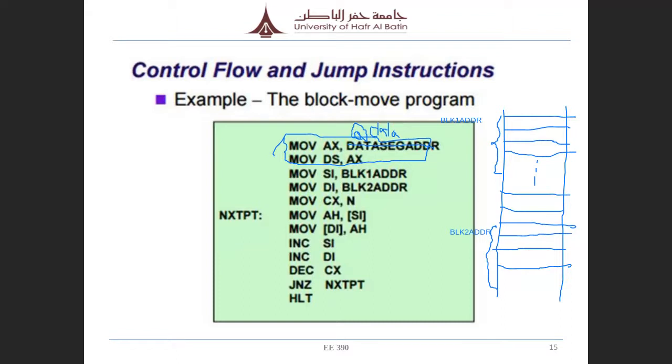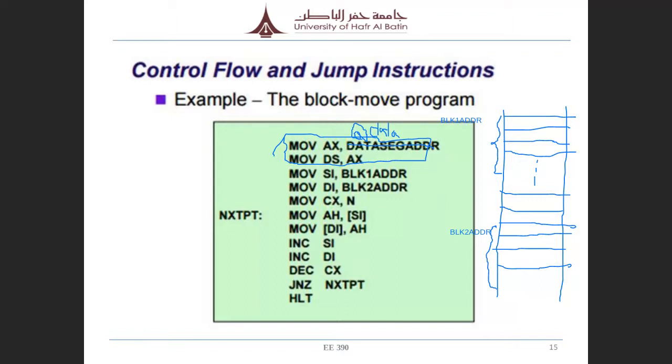And where we will move it, the other variable name is BLK2ADDR. It may be X, it may be Y, it doesn't matter. Then how many data do we have? For example, N data, and N can be 10 or 5, depending on what you are going to do.